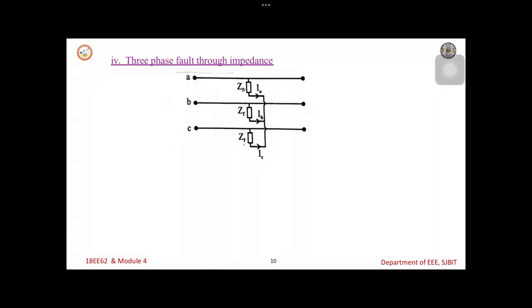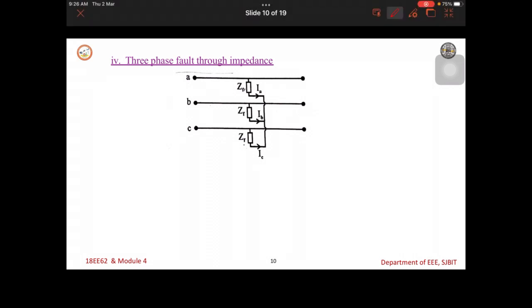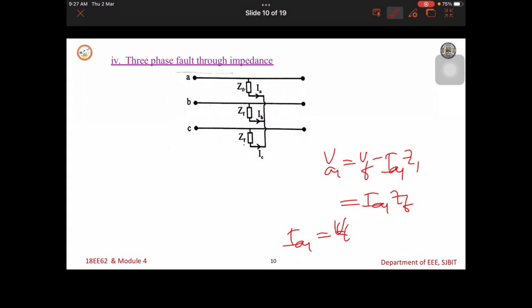This sequence network has only the positive sequence, just as we explained previously. Here VA1 is VF minus IA1 into Z1, this is IA1 ZF. Here IA1 is E, the pre-fault voltage, divided by Z1 plus ZF. So, this is very simple to analyze. On a per phase basis we can do the calculations.